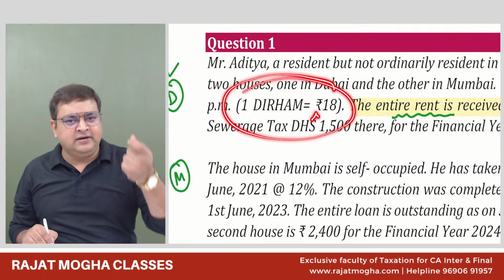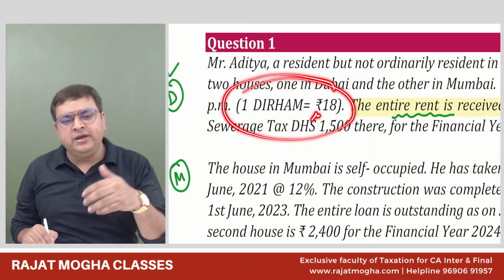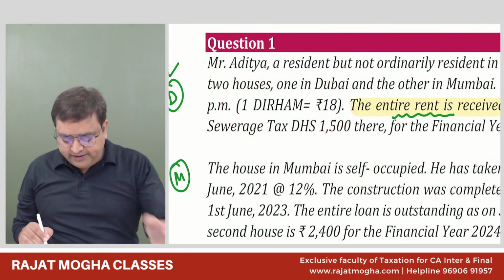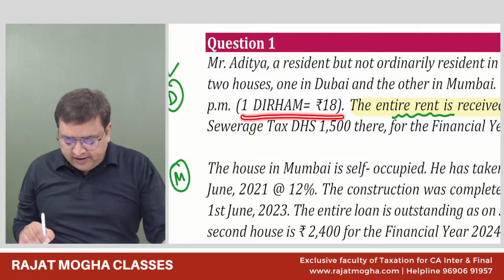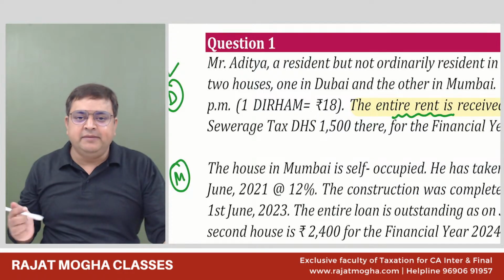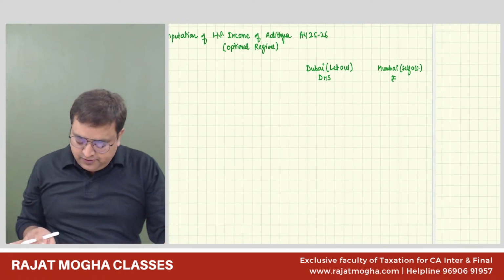It is better to calculate the final amount of house property, then only one time you have to multiply it by 18. That saves your time. So first I'll calculate everything in dirhams, then convert into rupees by multiplying by 18. They have given the conversion rate also. Okay.